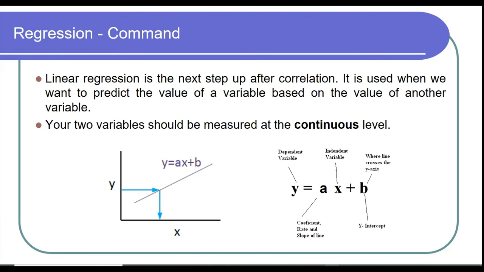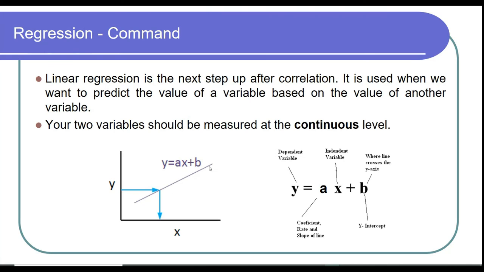So linear regression is the next step up after correlation. It is used when we want to predict the value of a variable based on the value of another variable. Your two variables should be measured at continuous level. Here you can see the equation of linear regression, y equals ax plus b.